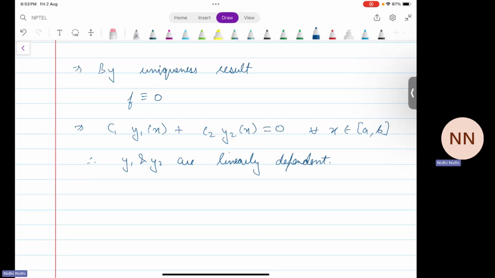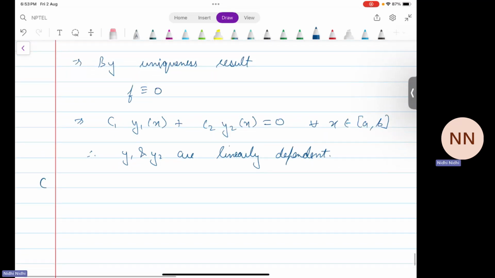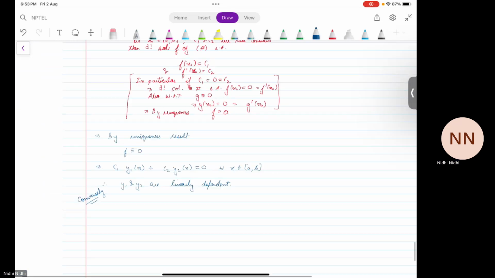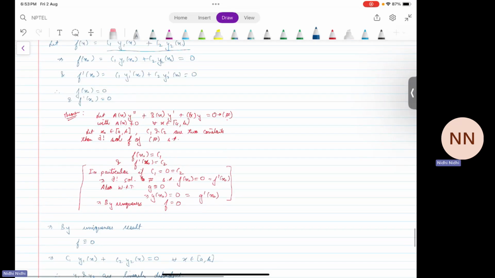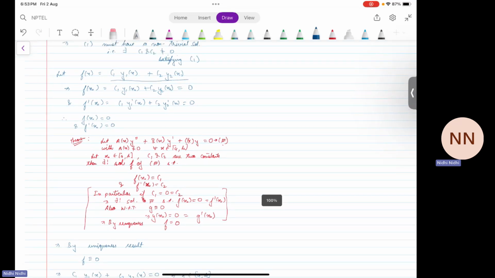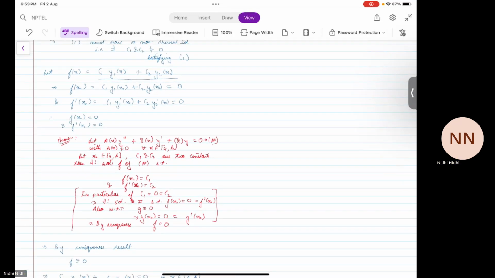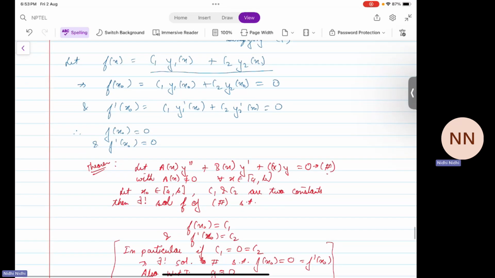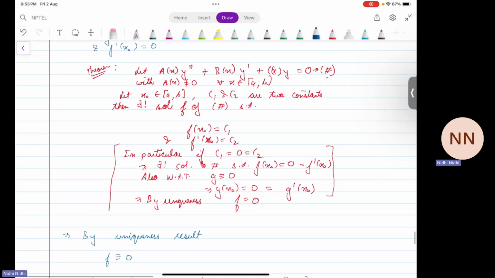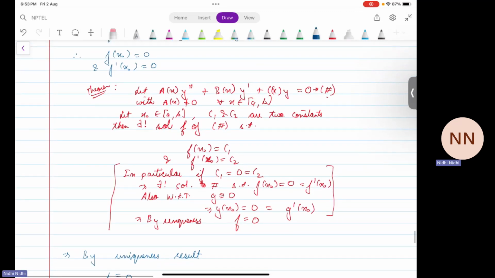Now we'll see the converse part. The converse part is still not that tricky. The main important thing here was to prove that Wronskian 0 implies that the functions y1 and y2 must be linearly dependent.